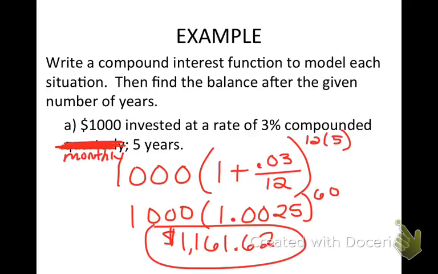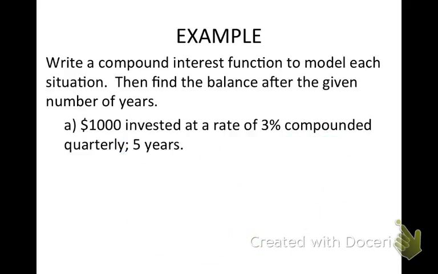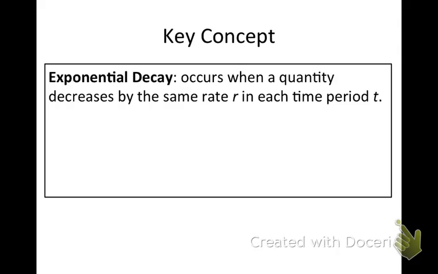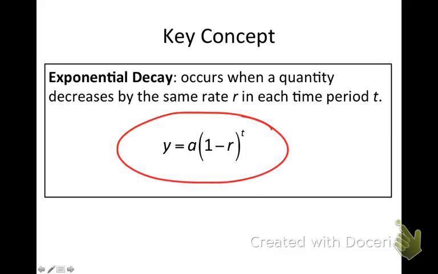So we can go to decay. For growth, we're doing 1 plus our rate. What do you think is going to happen for decay? Minus. Good. So for exponential decay, the formula is the same definition as growth, except instead of increasing, it's decreasing.